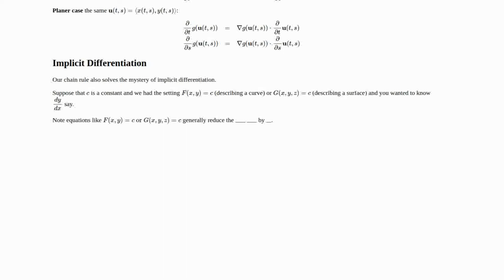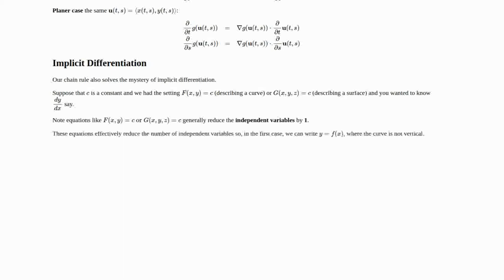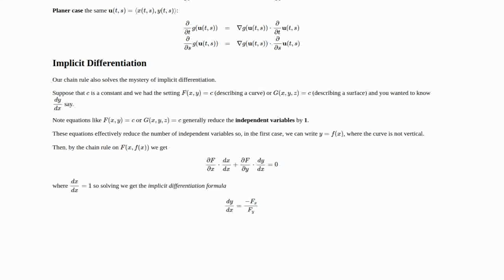Note equations like F(x,y) equal to a constant or G(x,y,z) equal to a constant generally reduce the independent variables by 1. In the first case, we can write y is equal to f(x) where the curve is not vertical. Then by the chain rule we would get ∂F/∂x dx/dx plus ∂F/∂y dy/dx is equal to 0, because we differentiate both sides of the equation F(x,y) equal to a constant with respect to x.